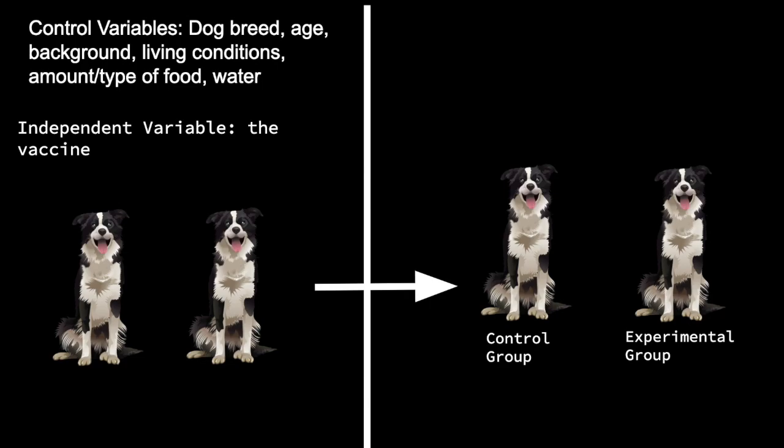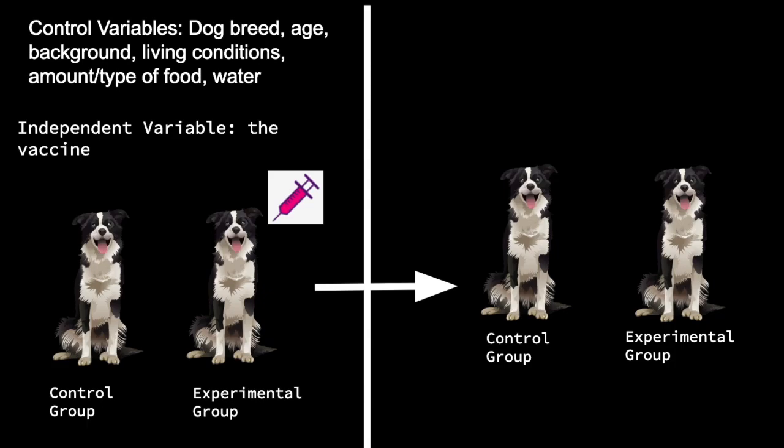The independent variable is our vaccine. So we can change that. One dog is getting the vaccine, another dog is not getting the vaccine. Our control group is the one that's not getting the vaccine. Our experimental group is the one that is getting the vaccine.